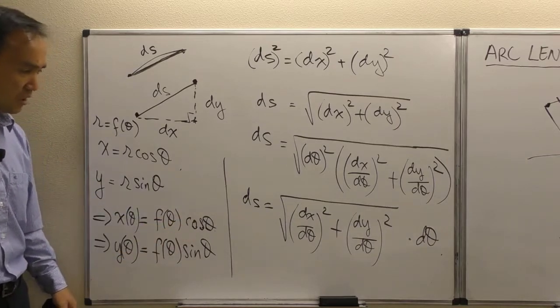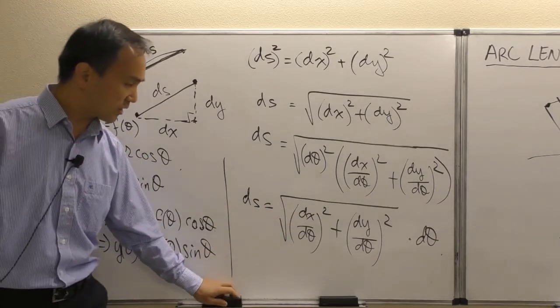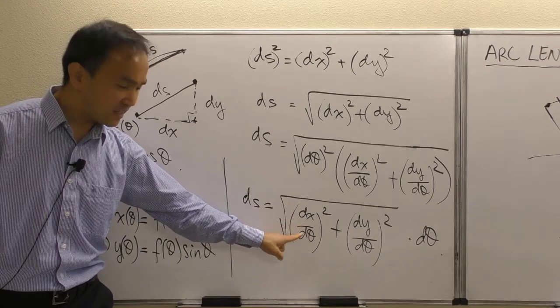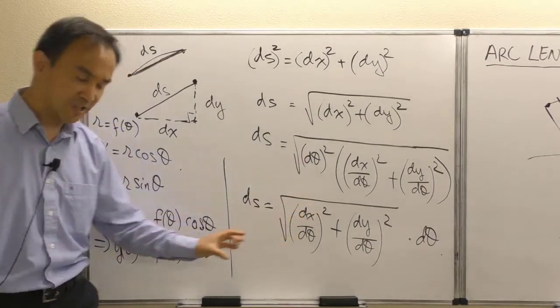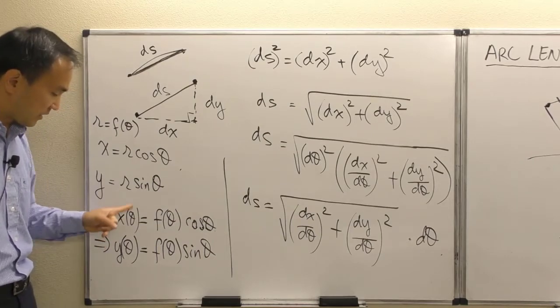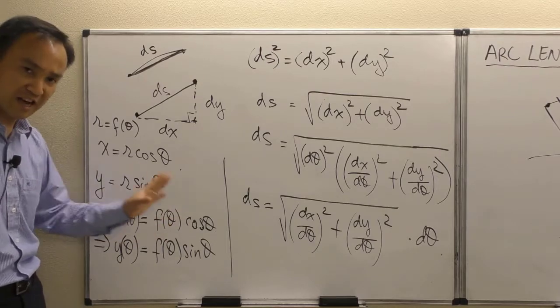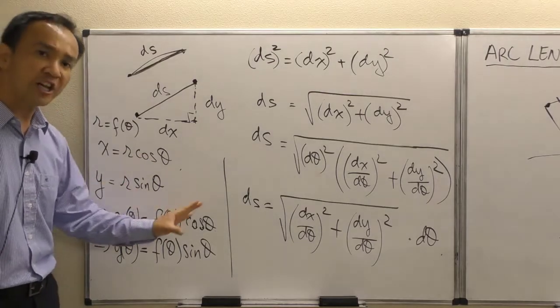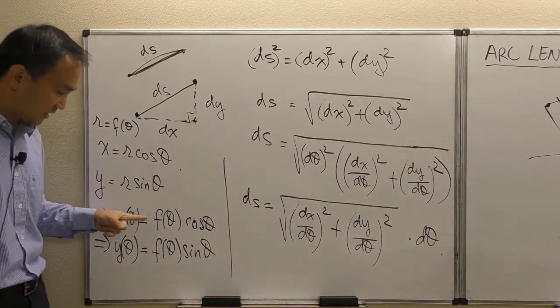Now how is this related to what we're seeing here? Wait a minute, so dx d theta has to be the derivative of this function x in terms of theta, because in the way we have expressed it, this function x is clearly a function of theta.